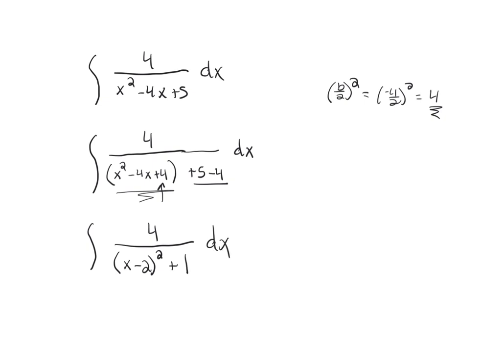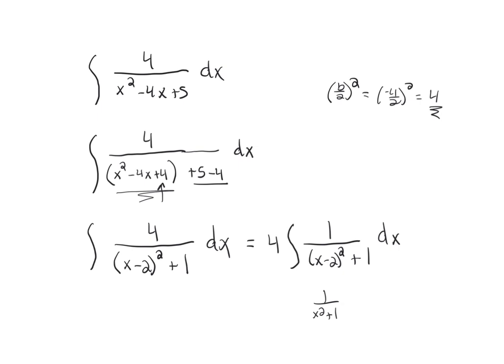Okay, and if you don't see where we're going yet, what if I bring the 4 out in front, and I have 1 over x minus 2 squared plus 1. So 1 over x squared plus 1, hopefully that's making you think inverse tan.